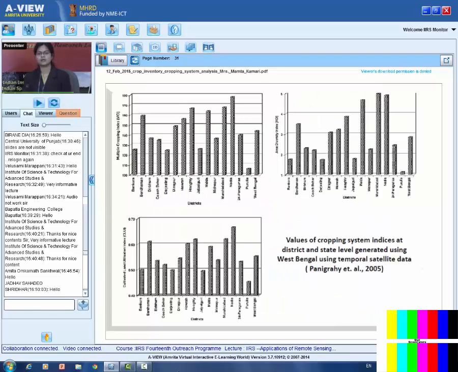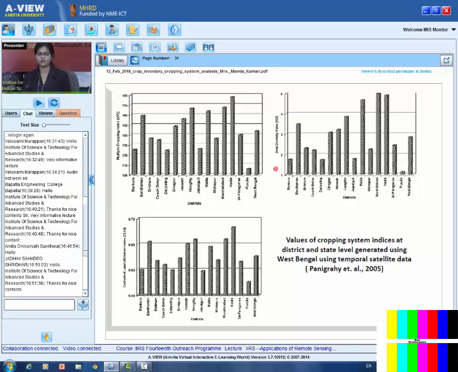So this was done in West Bengal, and here all these indices are given. I have not discussed the range of index values, which I will show in the coming slide. So here, low value means poor performance.